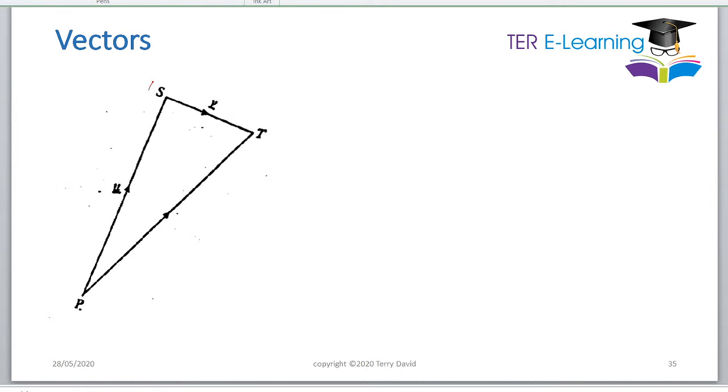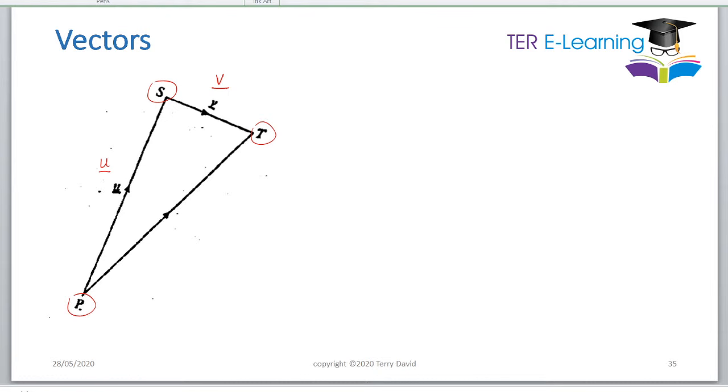We have S, T, and P. This is the vector V, another way to represent a vector with a little bar at the bottom. And this is the vector U. They give us P, S, and T, and the vectors U and V.